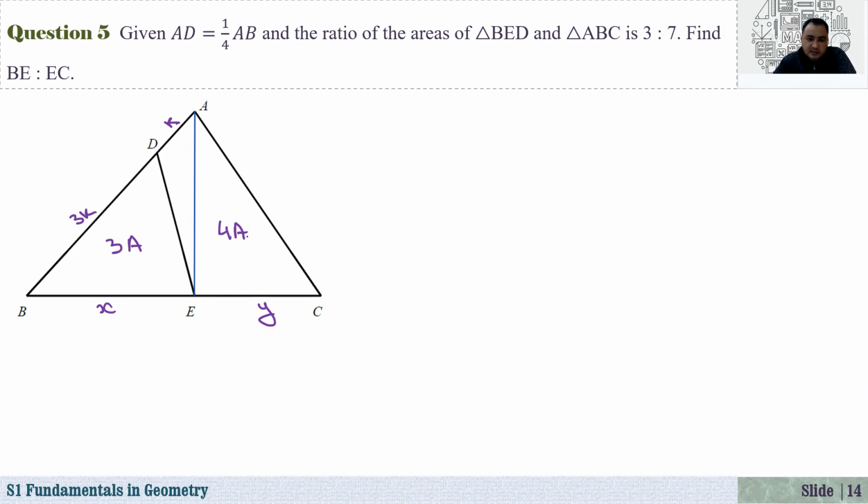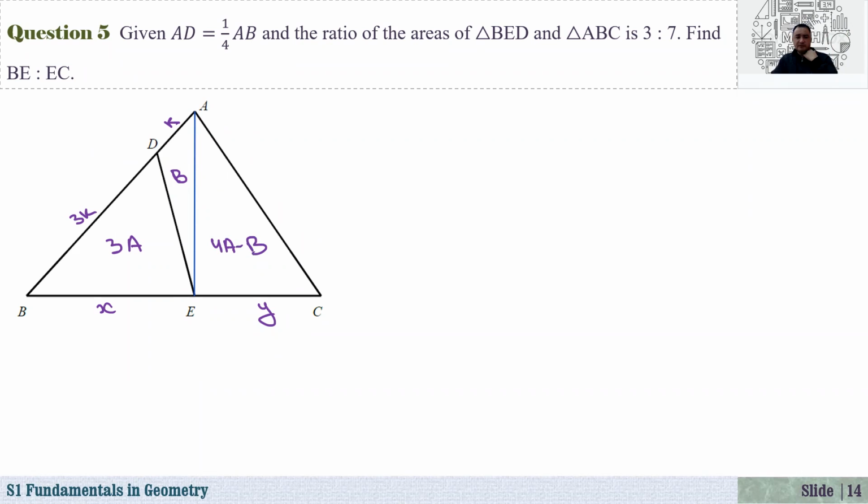Suppose that this area is capital B. At the time, this other area will be 4A minus B.